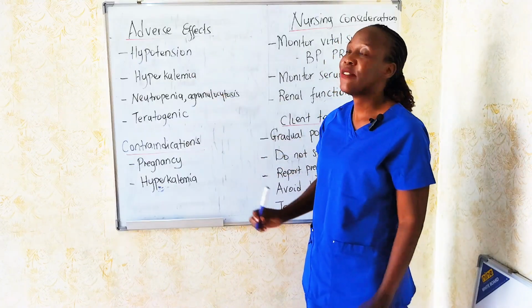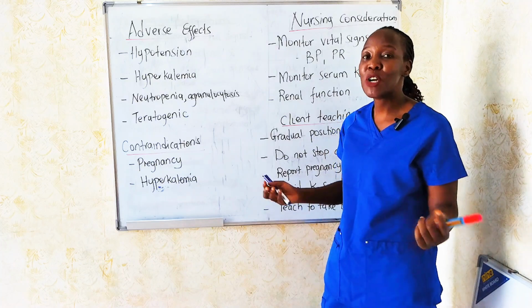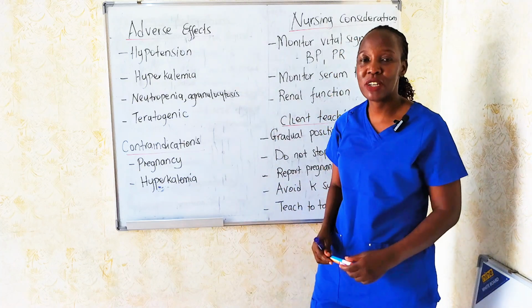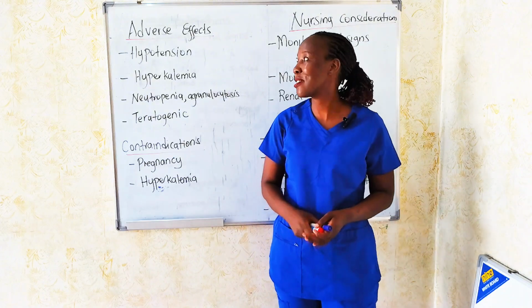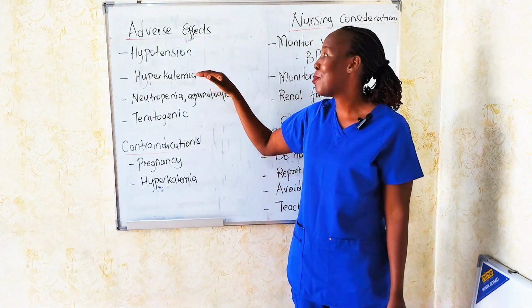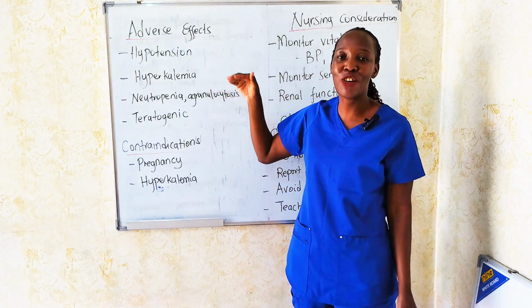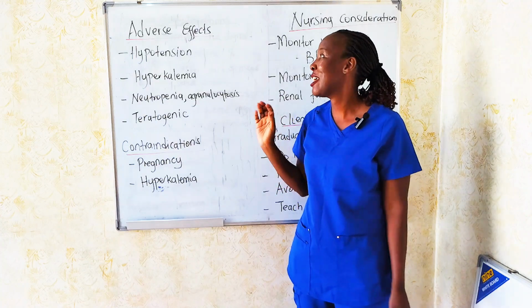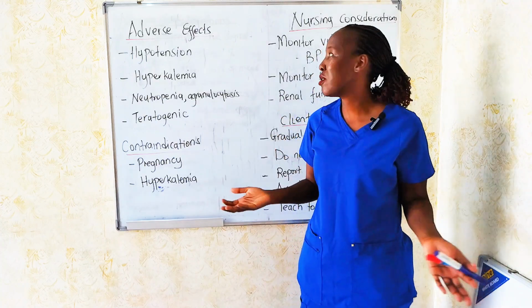Let's now look at the adverse effects of these medications. Because they reduce pressure, they are going to cause hypotension. In fact, some books say that the ARBs produce a greater degree of hypotension compared to the ACE inhibitors, but they all cause hypotension.